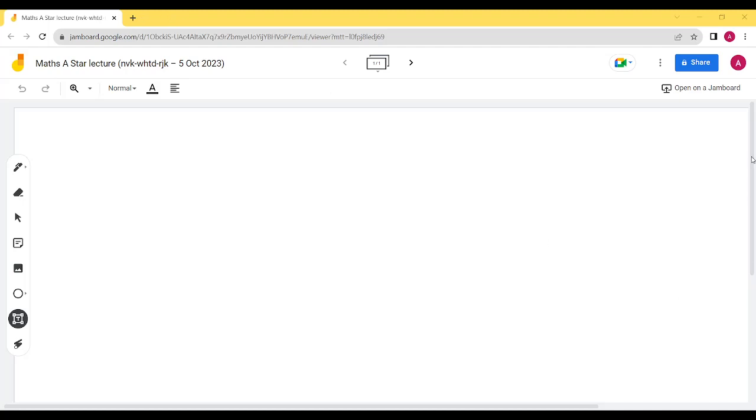To start with today, we're just going to look at a rather simple question about a graph, to give some context to graphs in general.